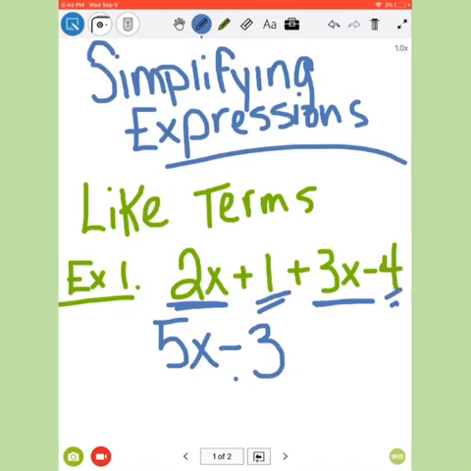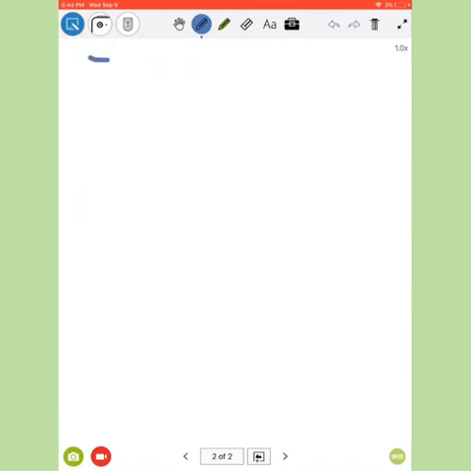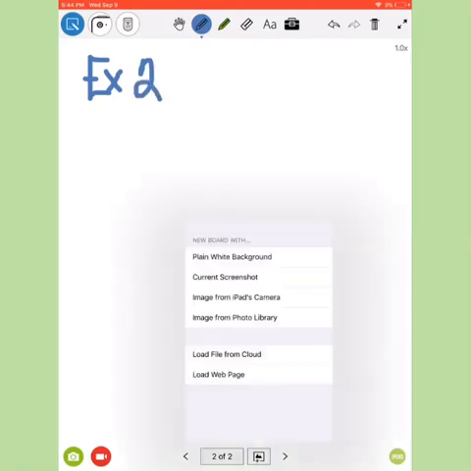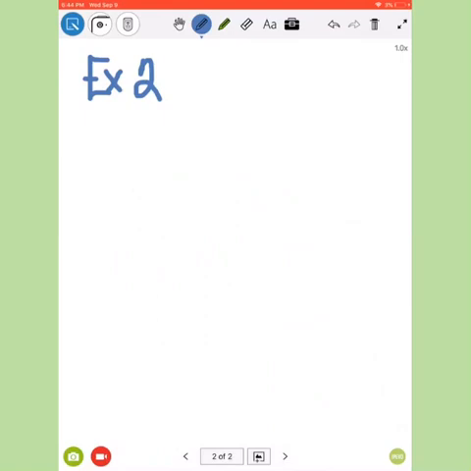But there are a few little tricky things that we need to talk about when we're simplifying expressions. So let's get into one of those. Okay. Look at example 2. In this example, let's take a look at what might trick some people up.